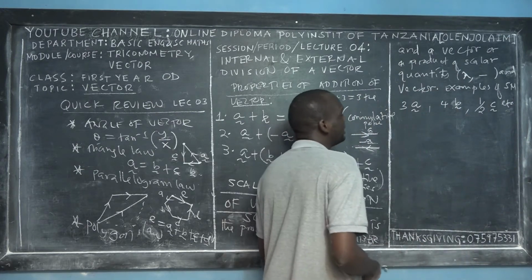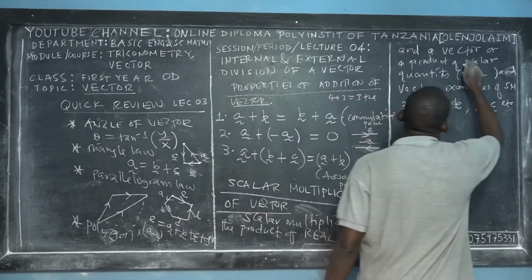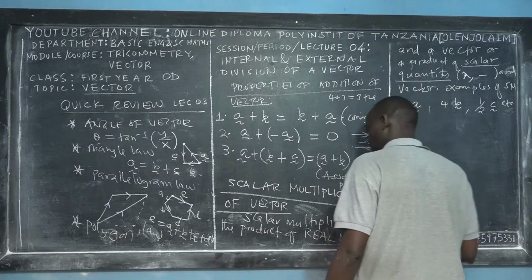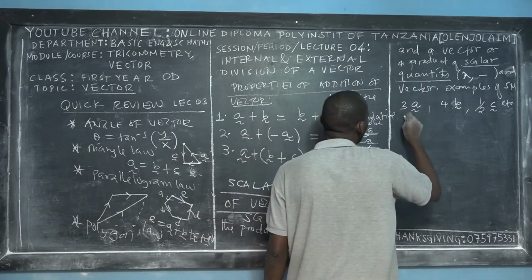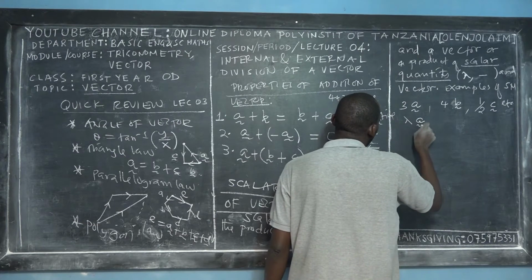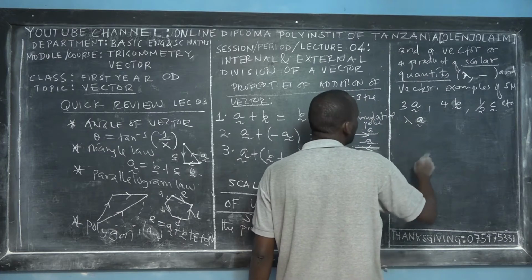Scalar multiplication is the product of a scalar quantity and a vector. How do we write it? For example, a scalar quantity lambda times vector A is written like that.